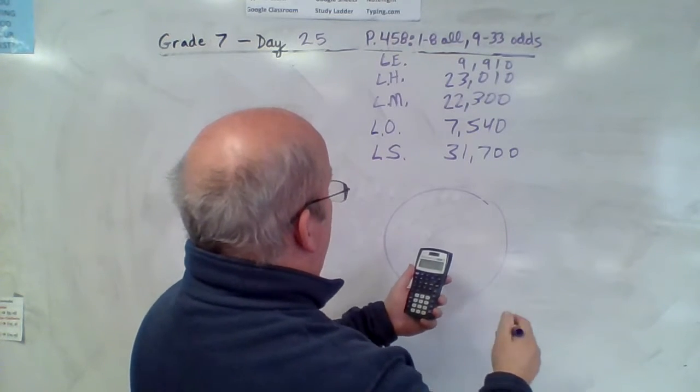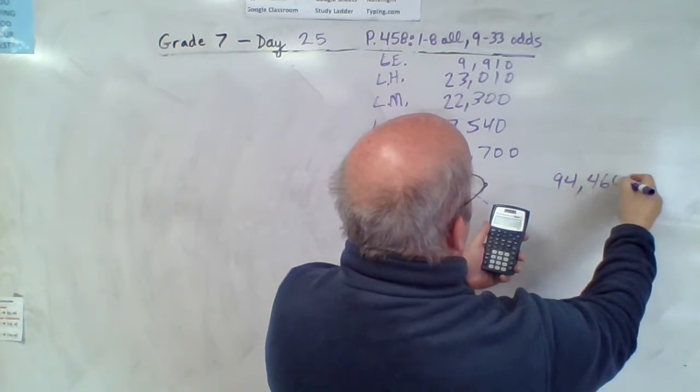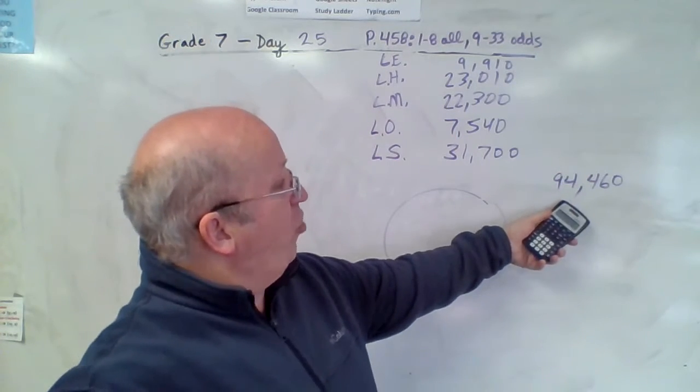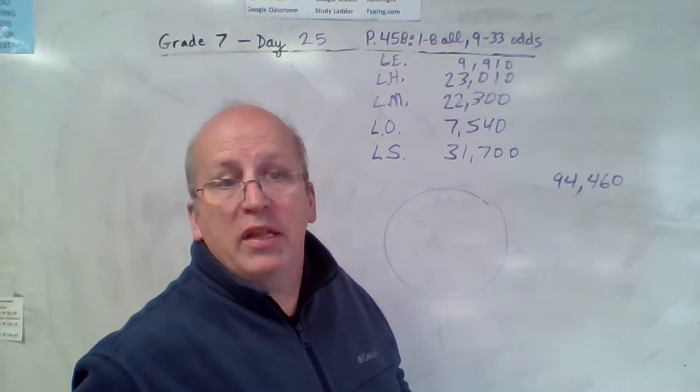And what I get is 94,460. That's the total area when you add up the areas of each of the 5 Great Lakes.